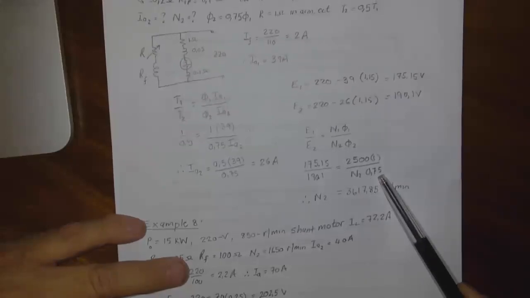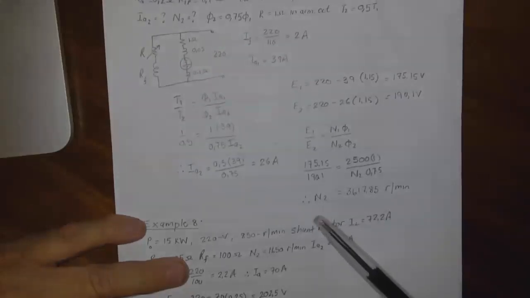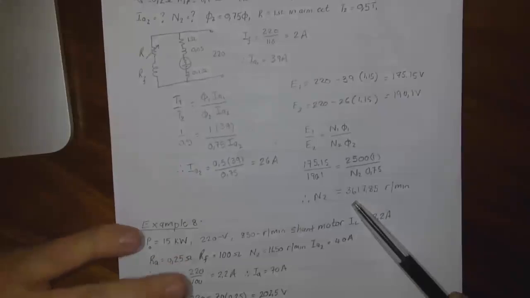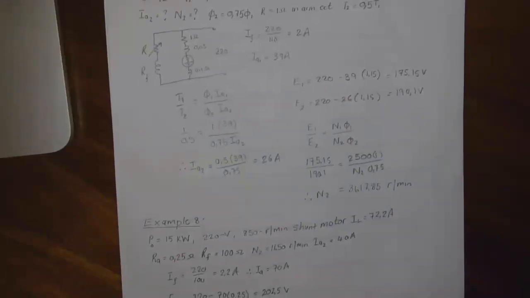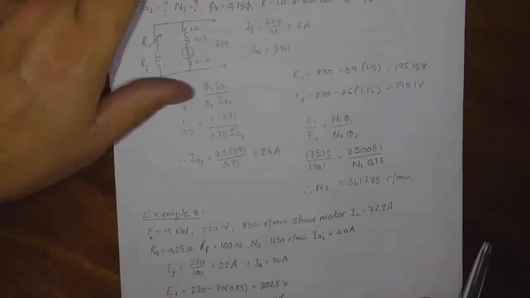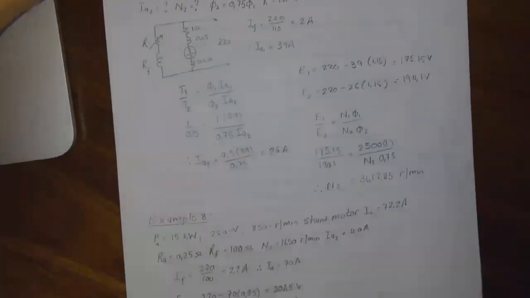So we stick it in there, and then we calculate that N2 is 3,617.85 revs per minute. I think there was a mistake in the book there. Just check it again.